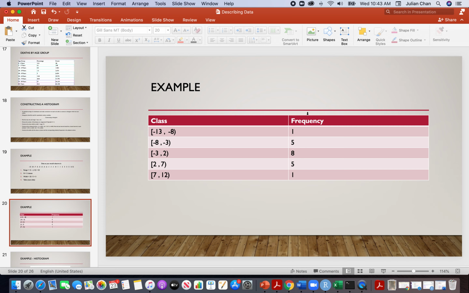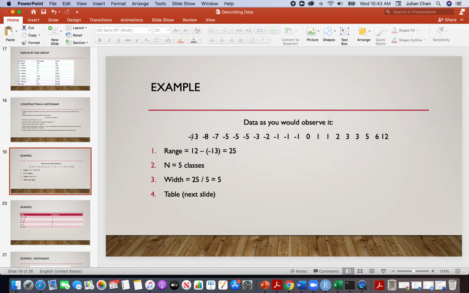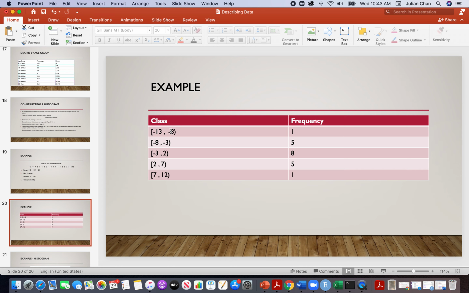Okay. So now I form my frequency by counting how many observations lie between minus 13 and minus 8. So I go to this data, how many observations lie between minus 13 and minus 8, but I don't count minus 8 because this interval does not include minus 8, and I see there's 1. And I go through this, so how many observations are there from minus 8 to minus 3?